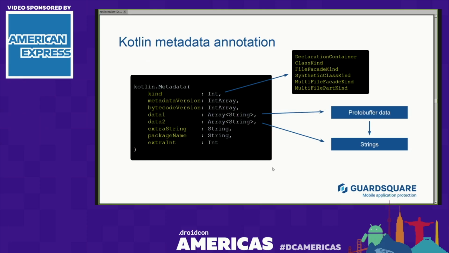And to help anyone working with the metadata, JetBrains has kindly made available a support library, a metadata library, to work with these metadata. So they bring all of this up to a higher level of abstraction that allows to work with the metadata without having to know all of the details of the protobuffer format, for instance.